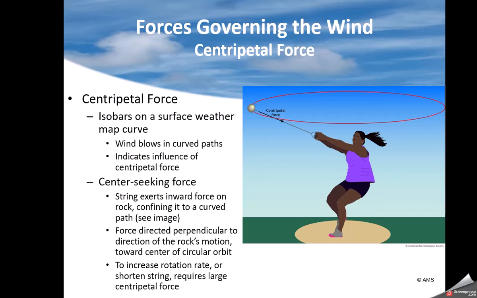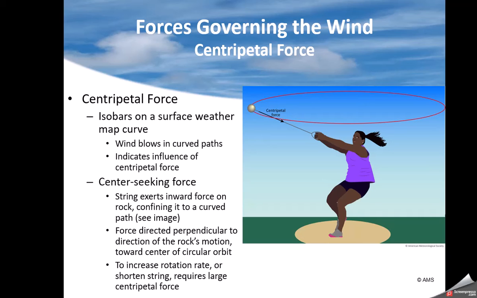Something happens when objects move in a curve. Air is an object, a parcel of air moving in a circular motion. Why the heck is it staying in that circle? Well, there's something called centripetal force. It's like on a string when a person is trying to send a ball fast, or a slingshot moving around.